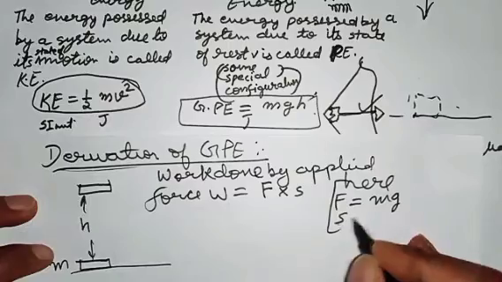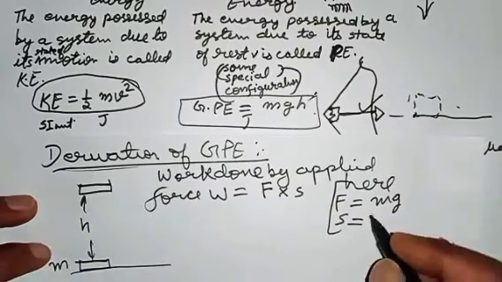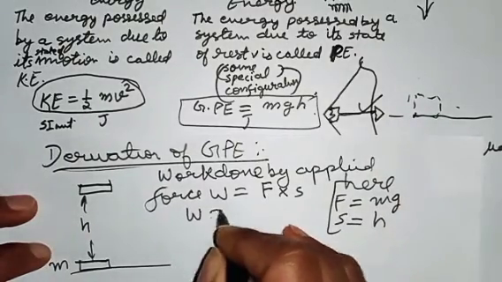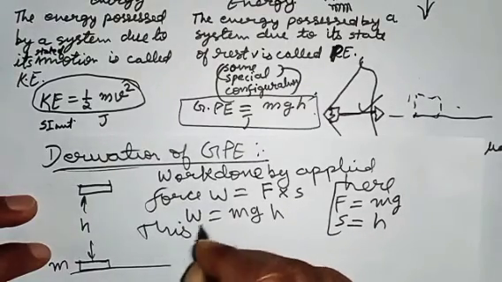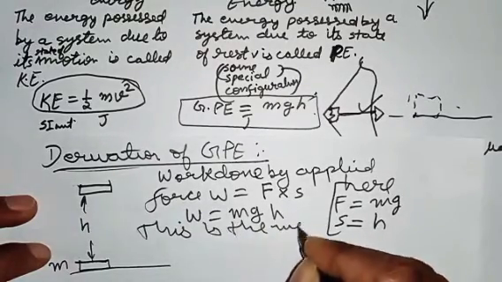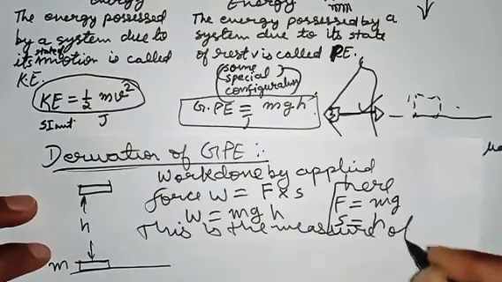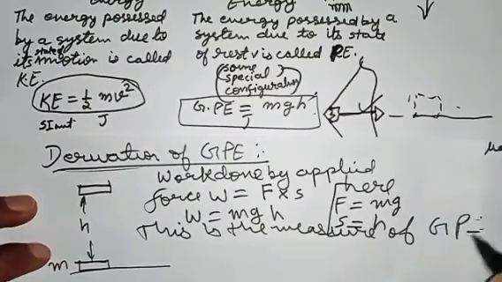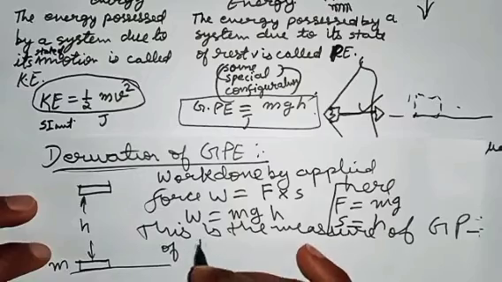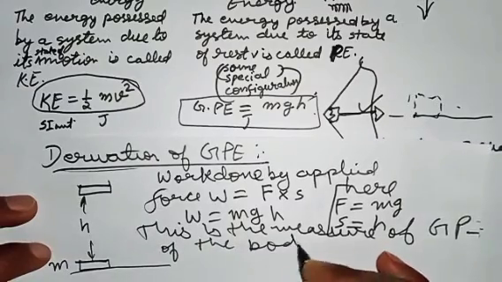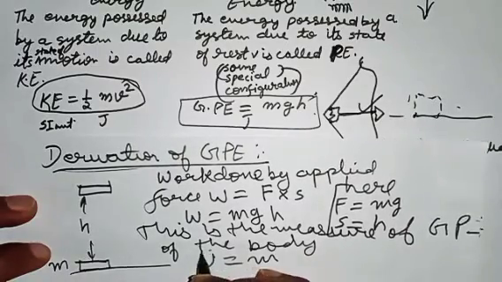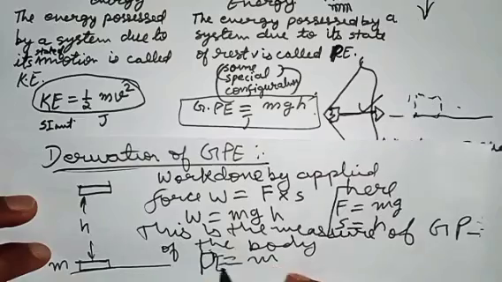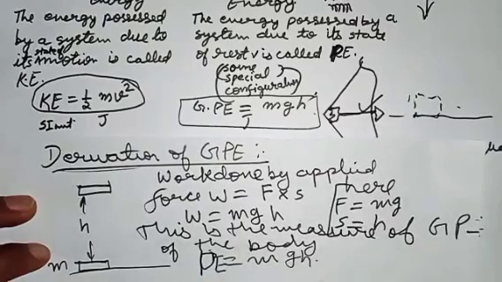And displacement here is equal to the height it has reached. That's all. W equal to mg times h. And this is the measure of gravitational potential energy of the body. So U equal to mgh, this is the symbol used in senior classes, so I'm not going into it. I'm using PE. PE equal to mgh.